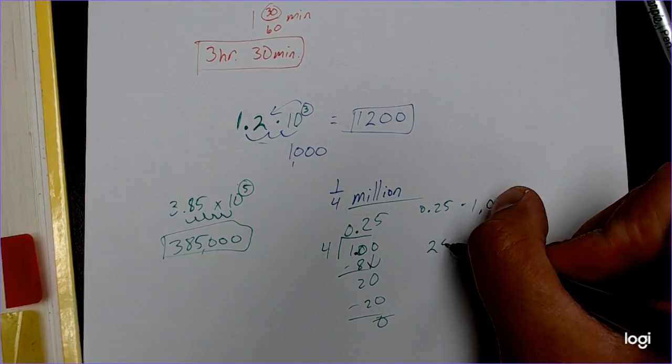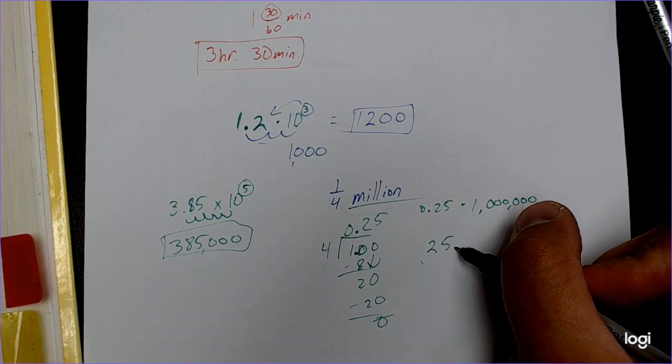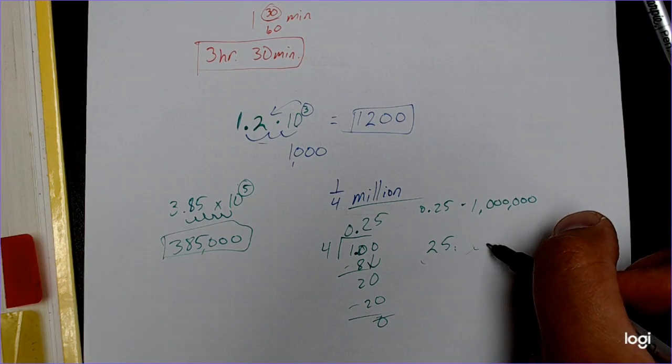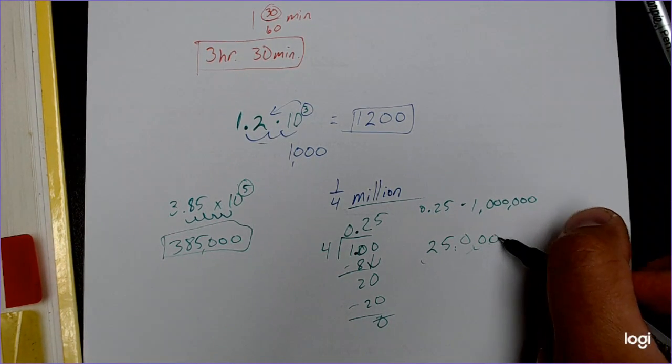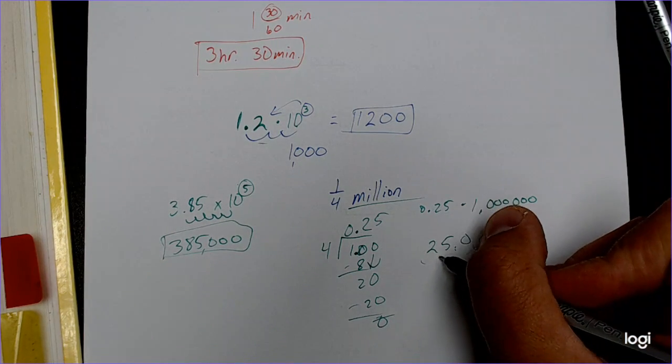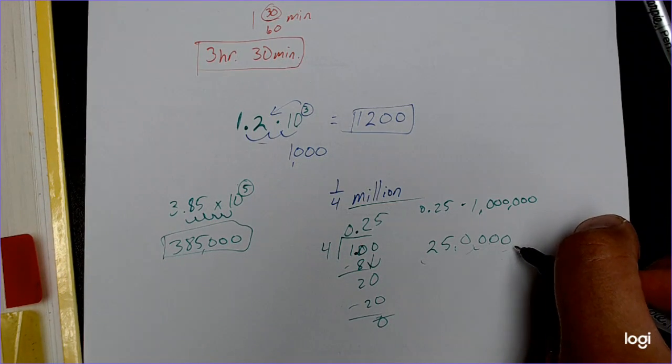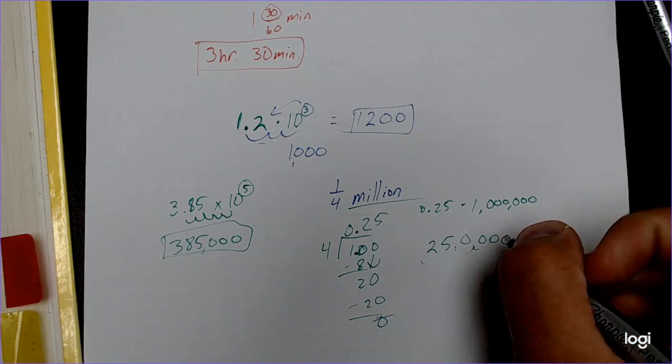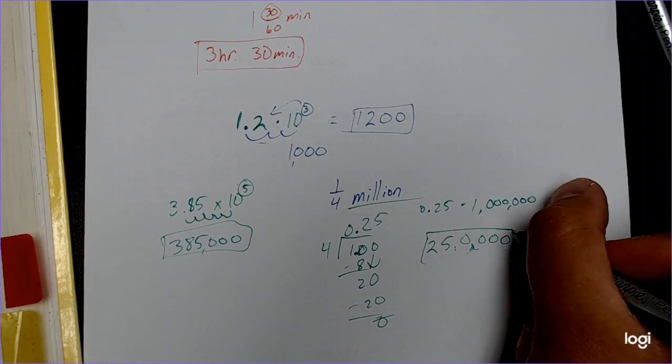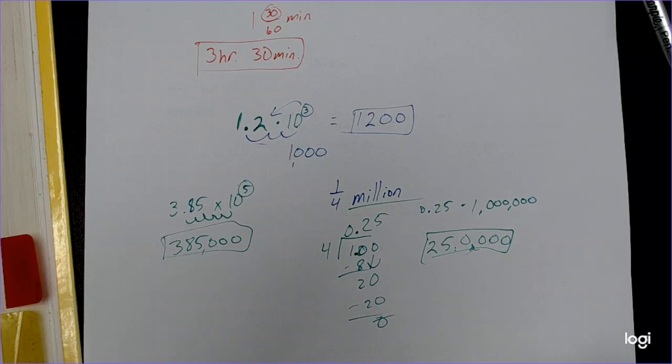So I can write 25 and I move 1, 2, 3, 4, 5, 6 places. Great. That means my final answer is 250,000. That is $250,000.